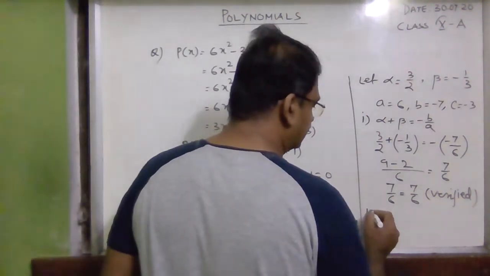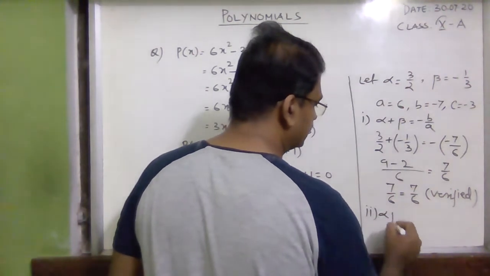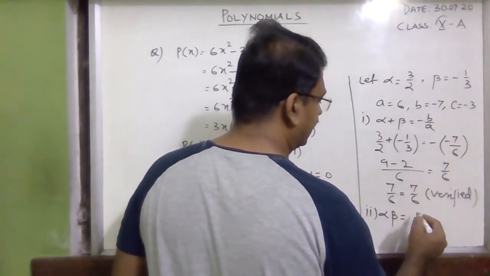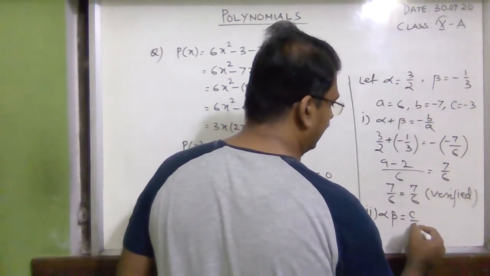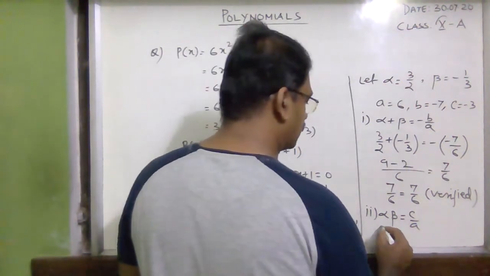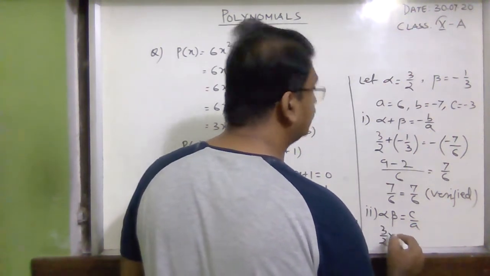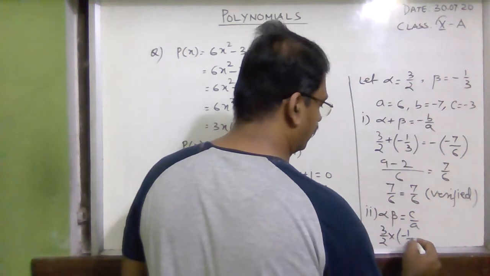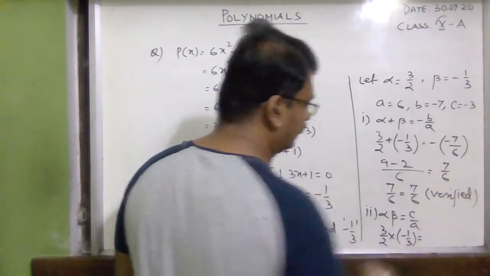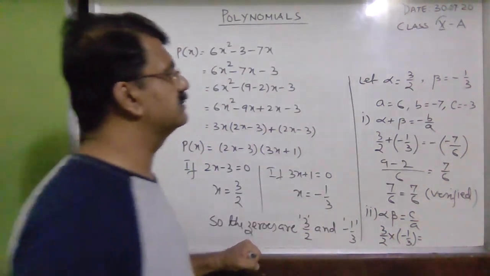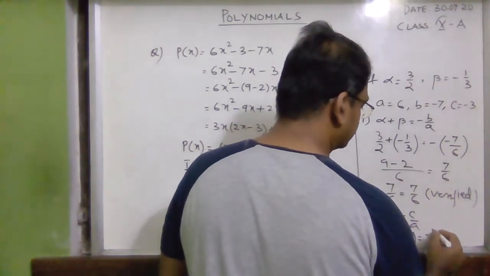Now the second relation is alpha beta is equal to c upon a, means 3 upon 2 into minus 1 upon 3 is equal to c by a, that is minus 3 upon 6.